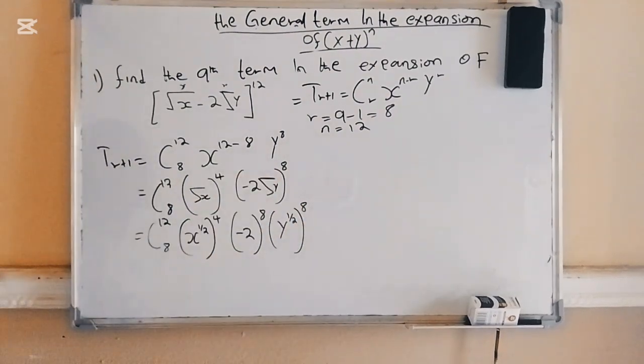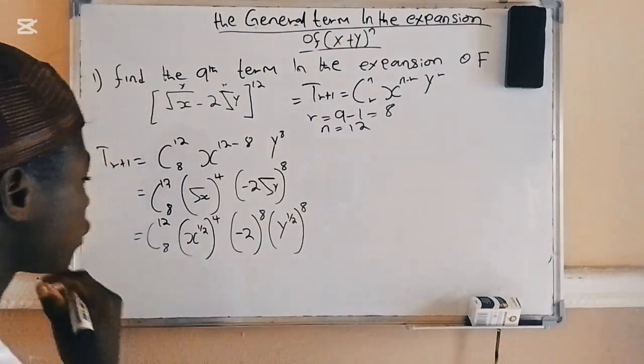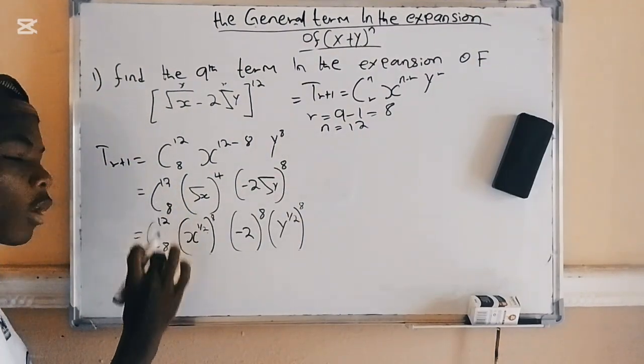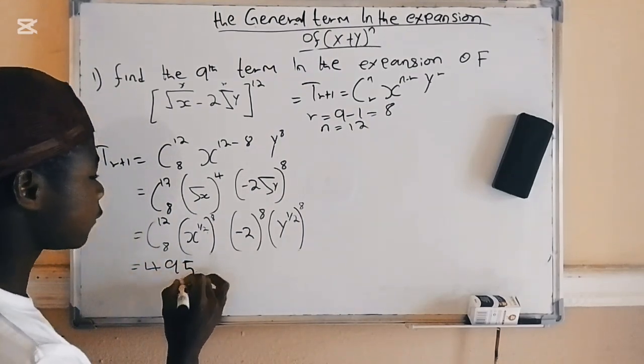Because this power 8 applies to every member inside the bracket. So 12C8 gives me 495.